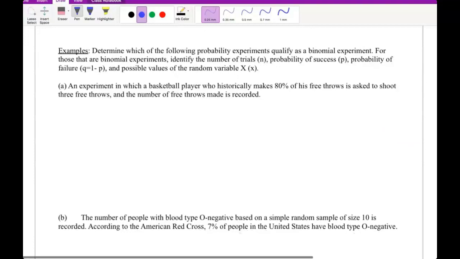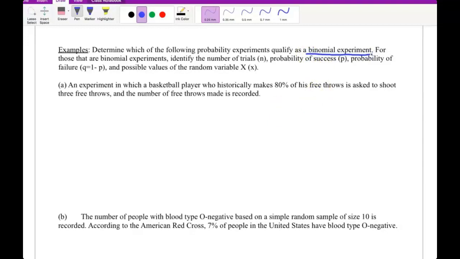On this part, we need to find out which one is a binomial experiment. So do we have binomial on each part?